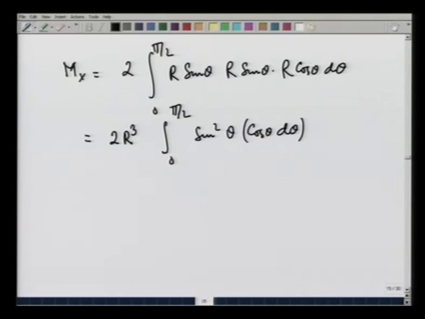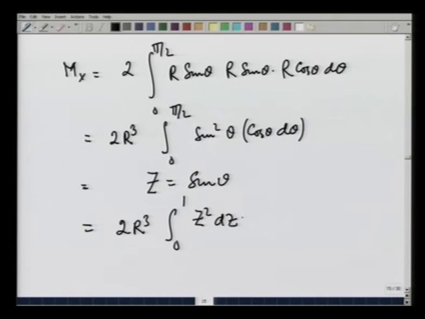Cosine theta d theta is d sin theta. So, by substituting z equals sin theta, I can write this as 2 r cubed integration 0 to 1 z square d z, which is 2 r cubed divided by 3.